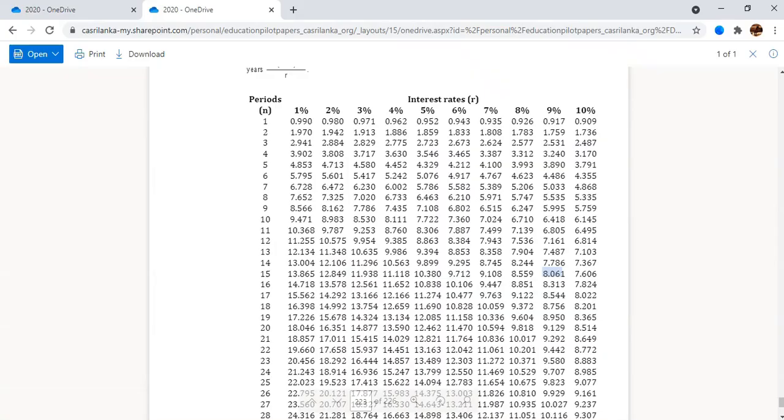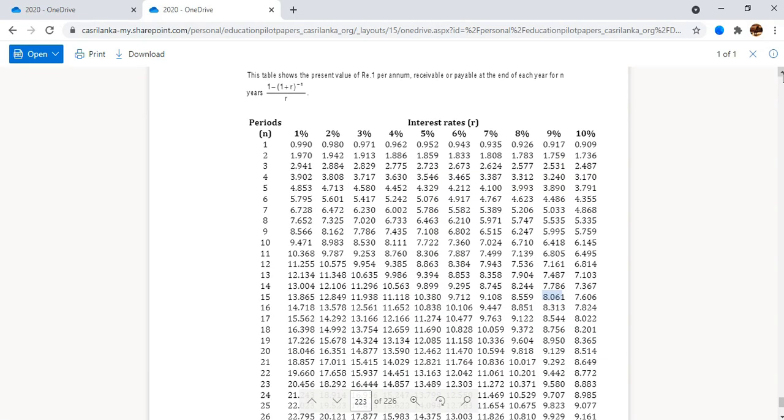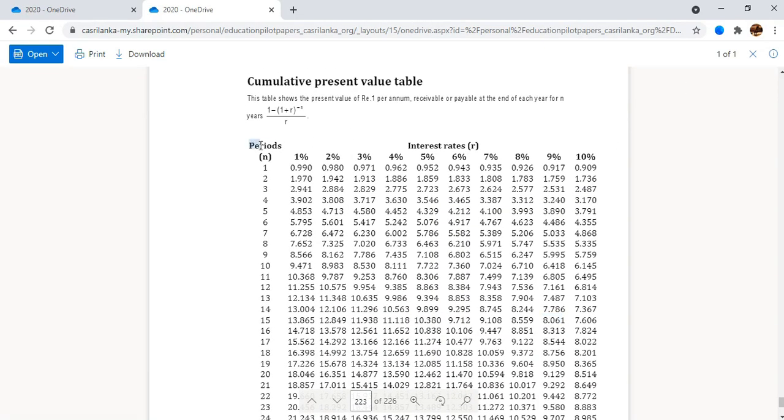If you look at your annuity factor table, they clearly say that this is periods and they don't say whether this is a month or a year. So we should think that this can take any form of period. Even a day it can reflect.